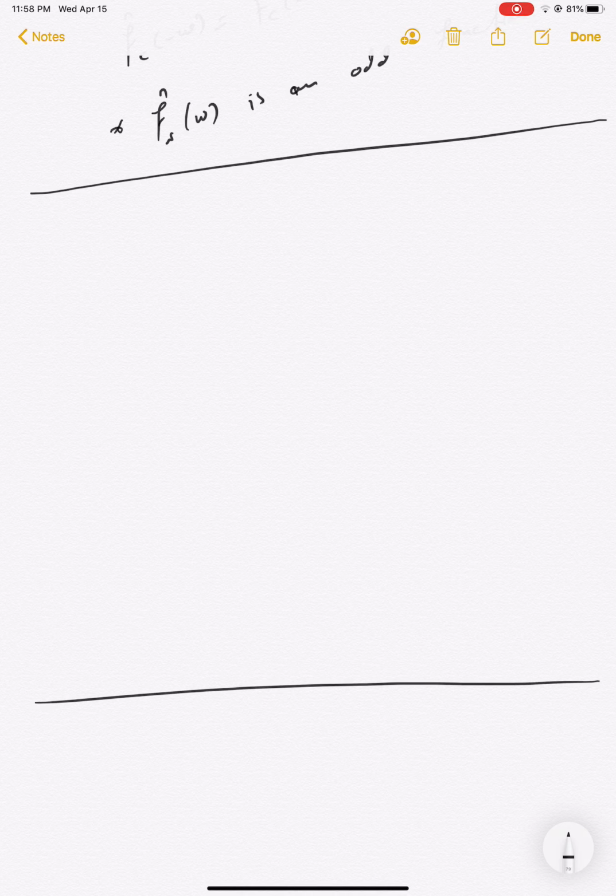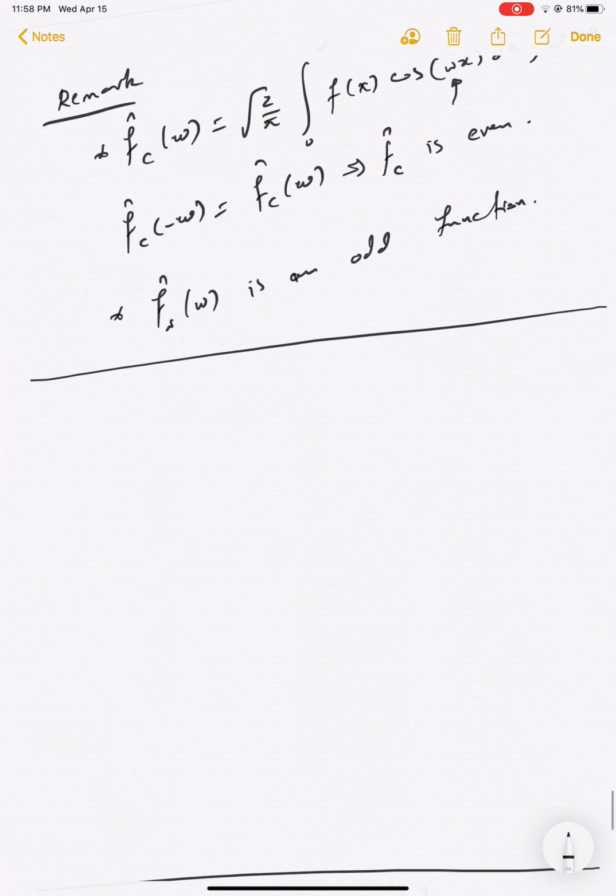Remember, for example, when we studied Laplace transform, we had a formula to relate the Laplace transform of the derivative with the Laplace transform of the function. And we had a relation like this, if you remember, from the differential equations course. Now we want to look at something like this.